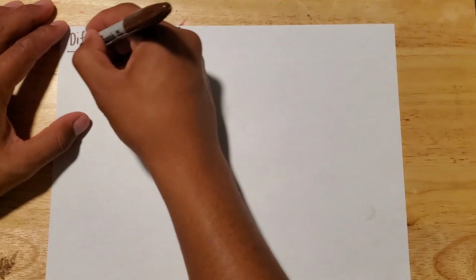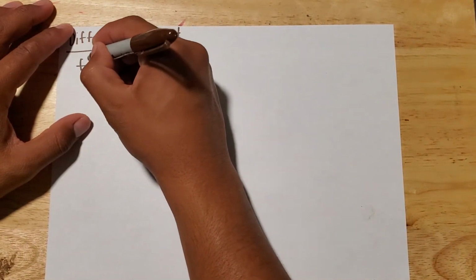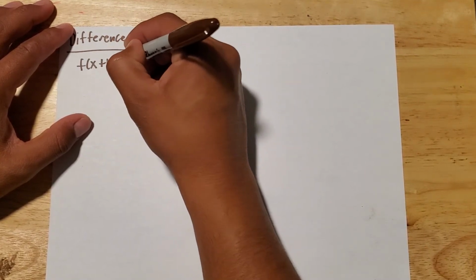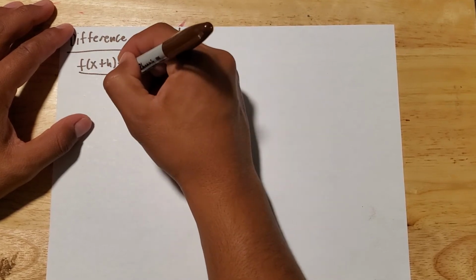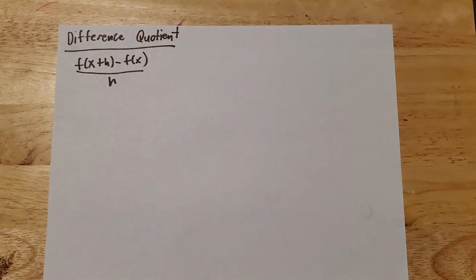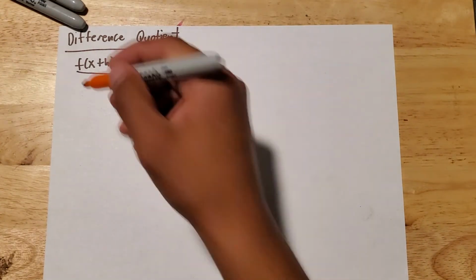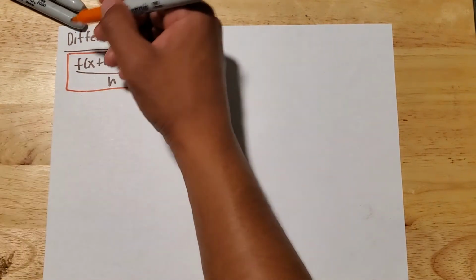The difference quotient looks like this. When you're doing it, it is f of x plus h minus f of x over h. So this is our difference quotient. It helps us a lot with slopes of tangent lines that you're eventually going to look at someday.